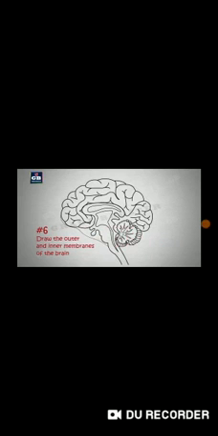Now we will draw the outer and the inner membranes of the brain. We will be drawing the three meninges first. The first meninx, the second meninx, and then the third meninx.